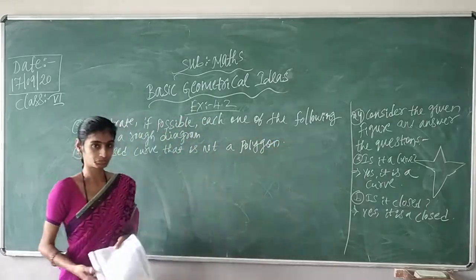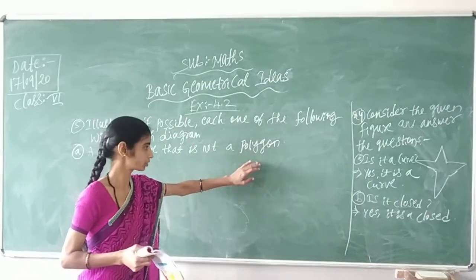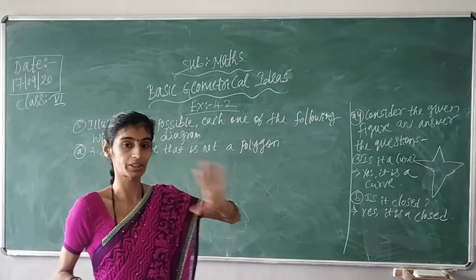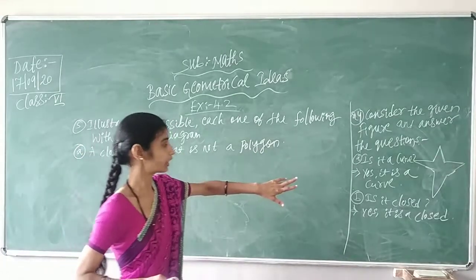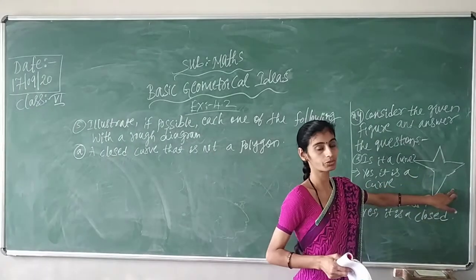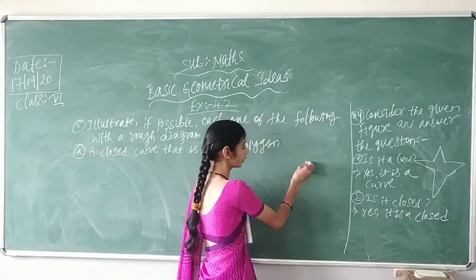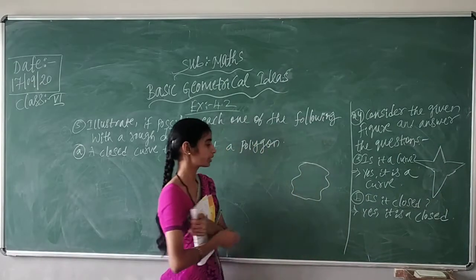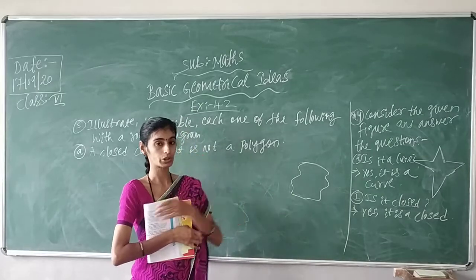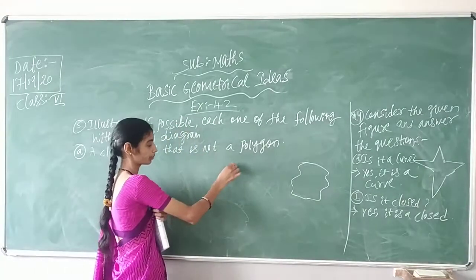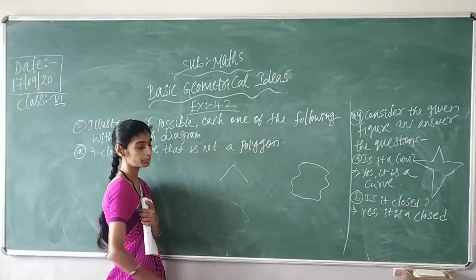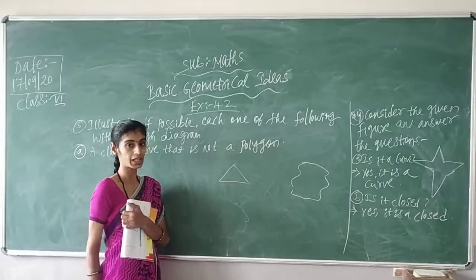So children, one more point I wanted to say: to draw a polygon, we need a line segment. So we say it is a polygon because we are using line segments for it. Suppose I draw this, is this a polygon, children? No. To draw a polygon, we need a line segment, meaning one line. Again, this is one line segment.